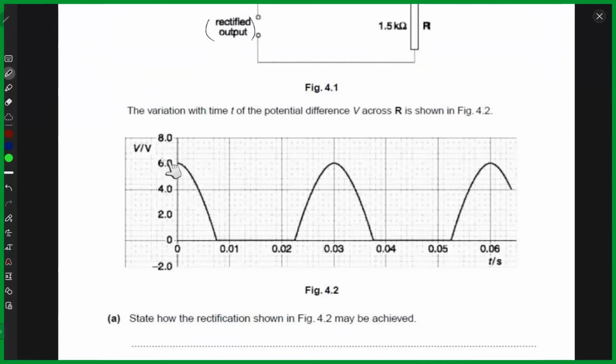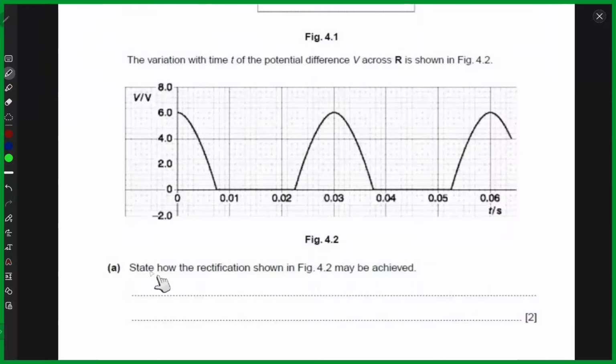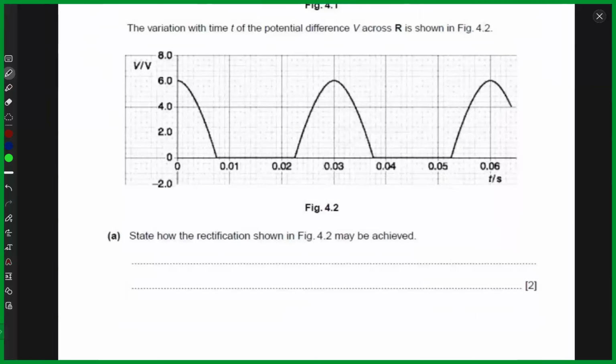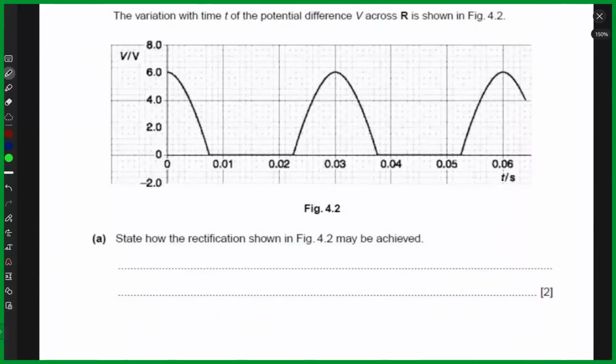And what kind of rectification is this? It's half wave rectification, right? So state how the rectification shown in this figure may be achieved. How can we achieve rectification? Anyone?